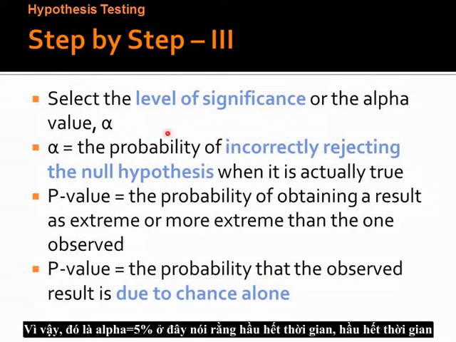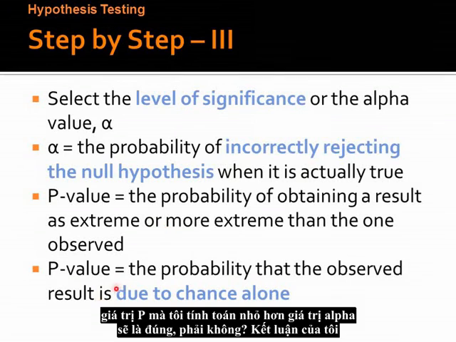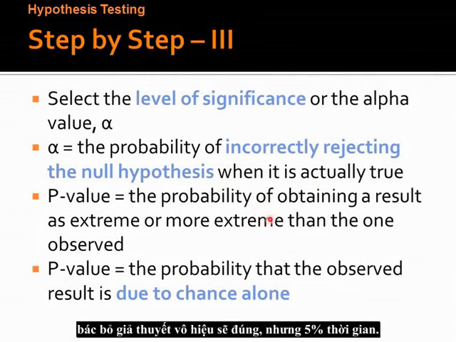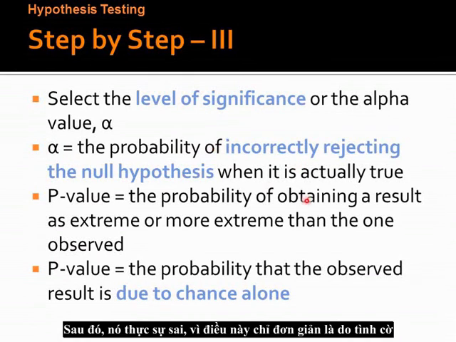The 5% here says that most of the time, or specifically 95% of the time, if the p-value I calculate goes below my alpha value, my conclusion of rejecting the null hypothesis is going to be true. But 5% of the time, if I say that I reject the null hypothesis because the p-value I calculated goes below the alpha value, it's actually wrong.